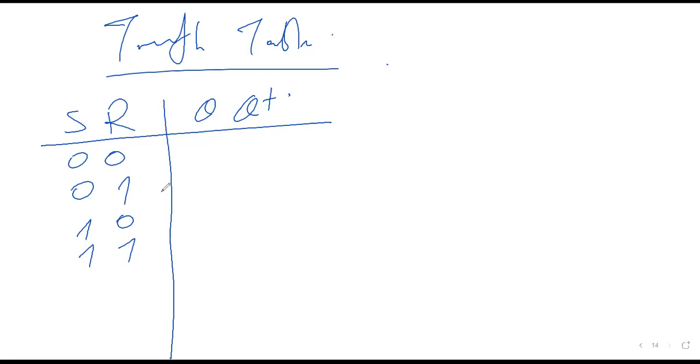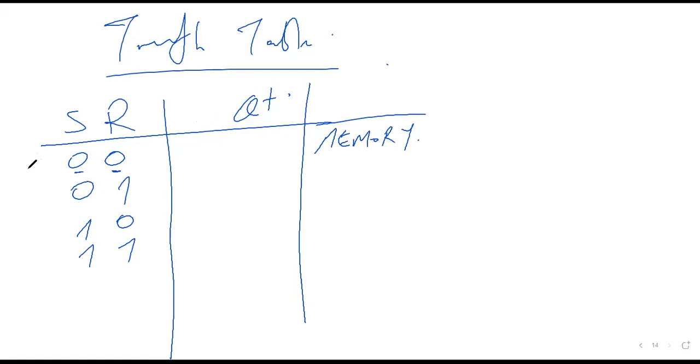The truth table is like this. If S is equal to 0, R is equal to 0, we have what we call the memory state. What does the memory state mean? Whatever the input is, it will remain on the output. The memory state holds.